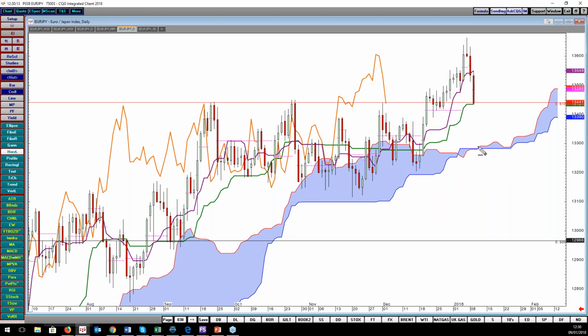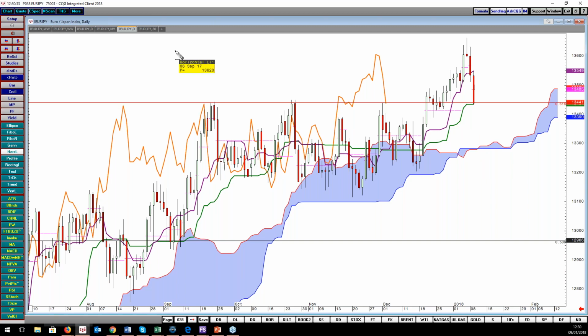So I'm short with that, because this is a very powerful reversal pattern. We've given it some confirmation here, and we're now looking for this to come down to 132.80. And that is Euro Yen, and that's the daily chart.